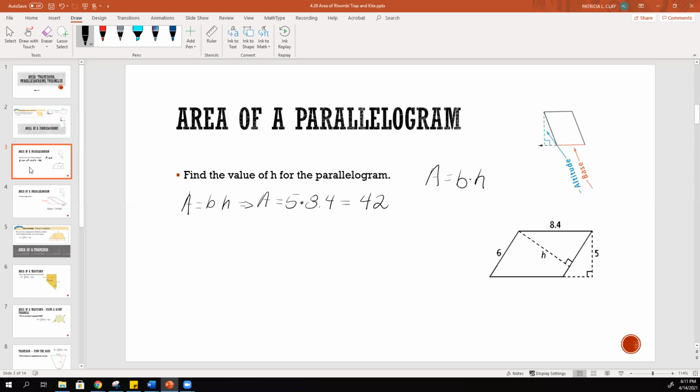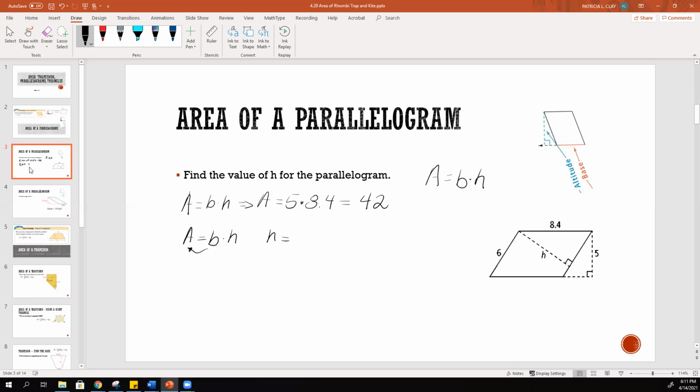But we're not done yet. Now we need to figure out the H part of this, okay? Now we need to rearrange our equation, so we're going to solve for H. We're going to have to move the B over here, right? So let's rewrite it.